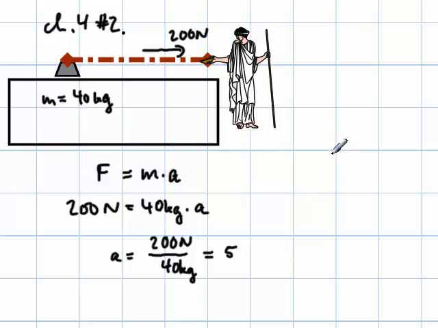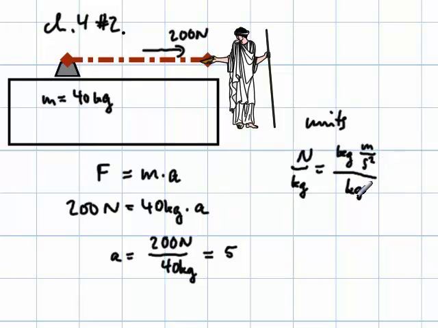And on the side we can say, well, newtons per kilogram. I'm going to write here units. Well, the newton is obviously kilogram times acceleration, meters per second squared. And now we divide that newton by kilograms.